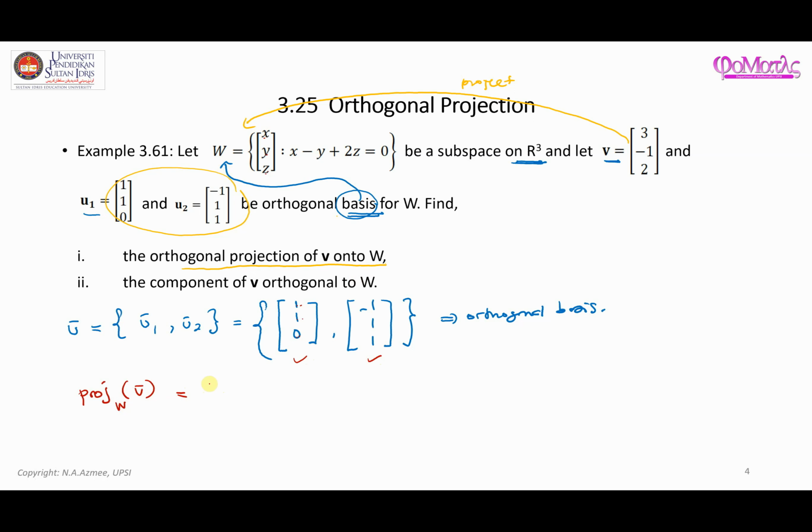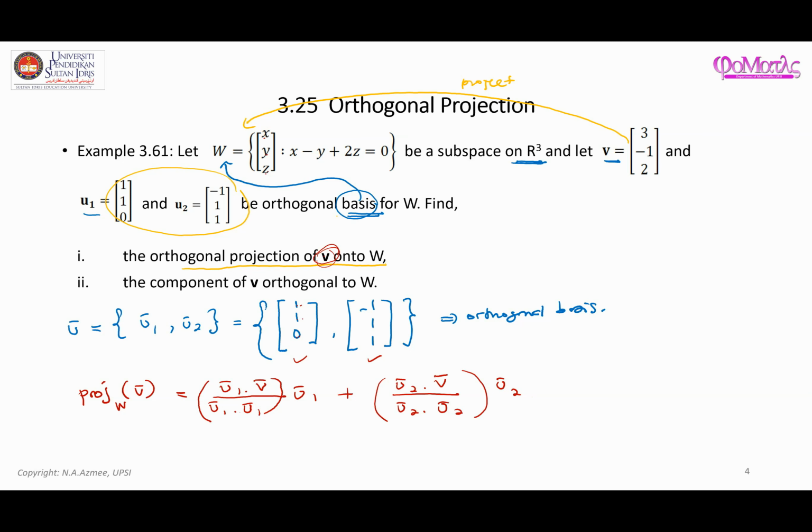First we have the projection of V onto this vector here, so you will have u1 dot v over u1 dot u1, times u1, plus the projection of V onto another vector, which is u2, so u2 dot v over u2 dot u2, times u2. It is quite easy once you get the hang of the formula.